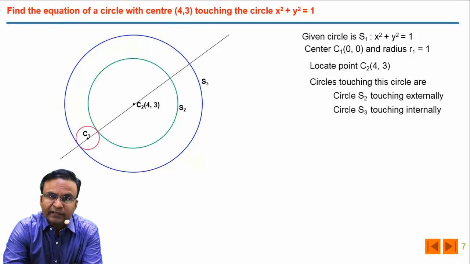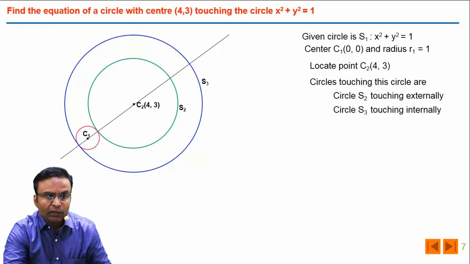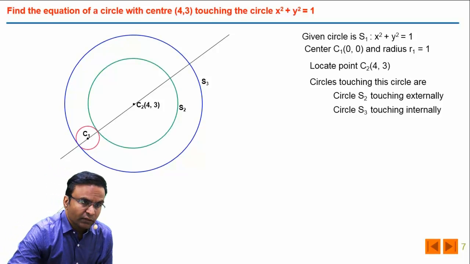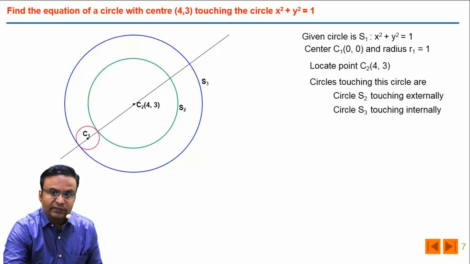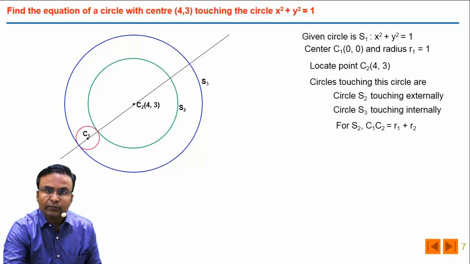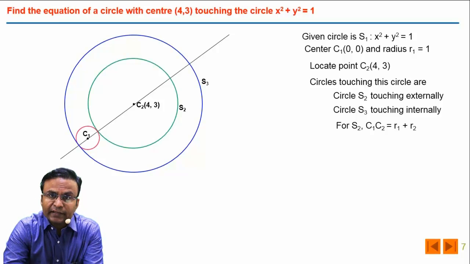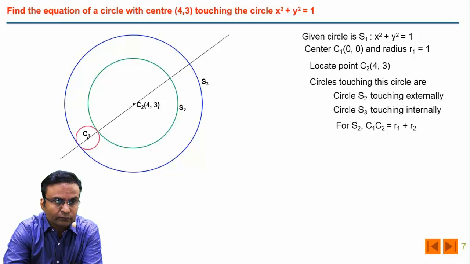Now we have the center of the circle. That means now we have to find just the radius. Let's focus on circle S2. Now for S2 circle, we have two circles touching externally. Then what is C1C2? C1C2 will be R1 + R2. We know that when two circles are touching externally, distance between centers is equal to sum of their radii.